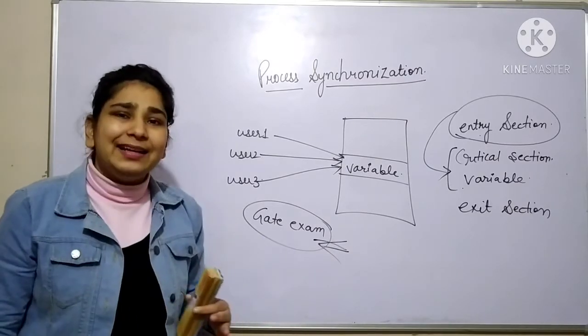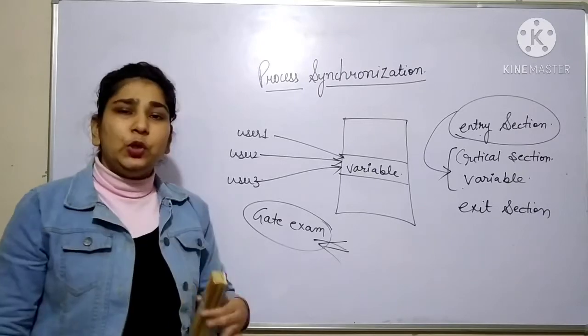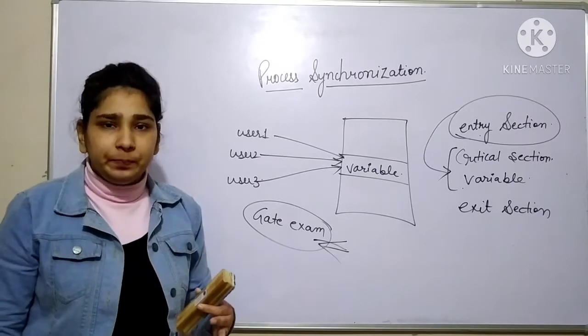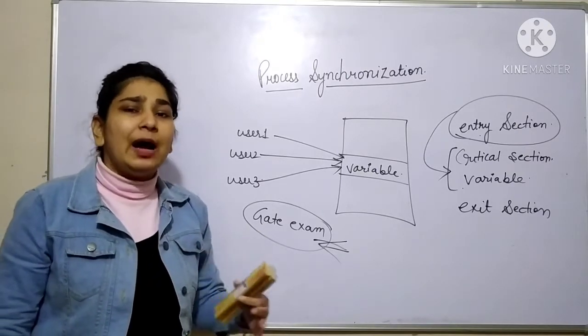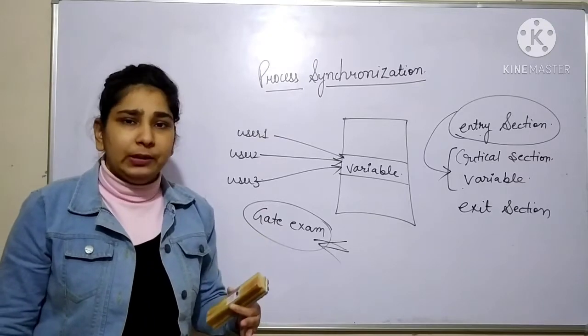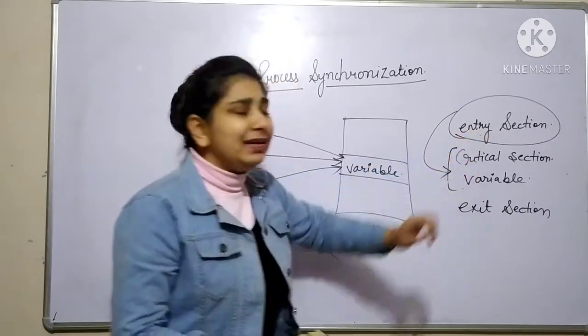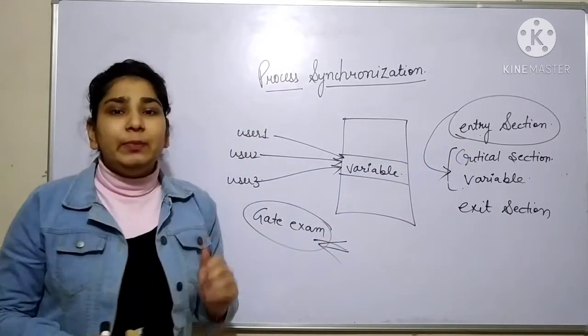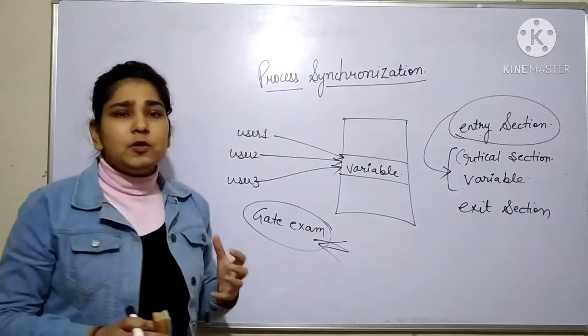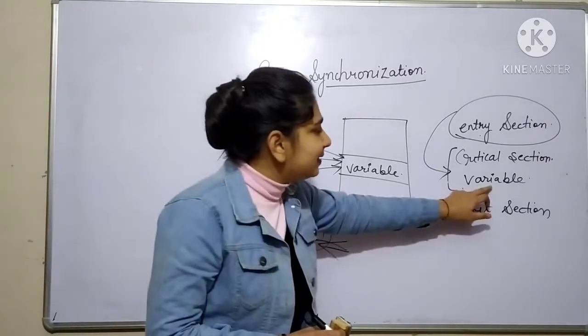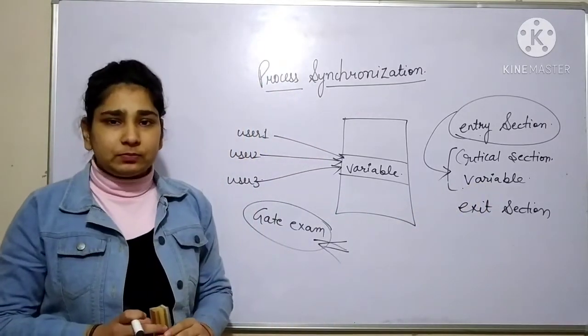If that matches, only then will you enter the hall. Otherwise they will not allow you to enter the hall. The same condition is here. With the help of the entry section, we are limiting how many users can access this variable.